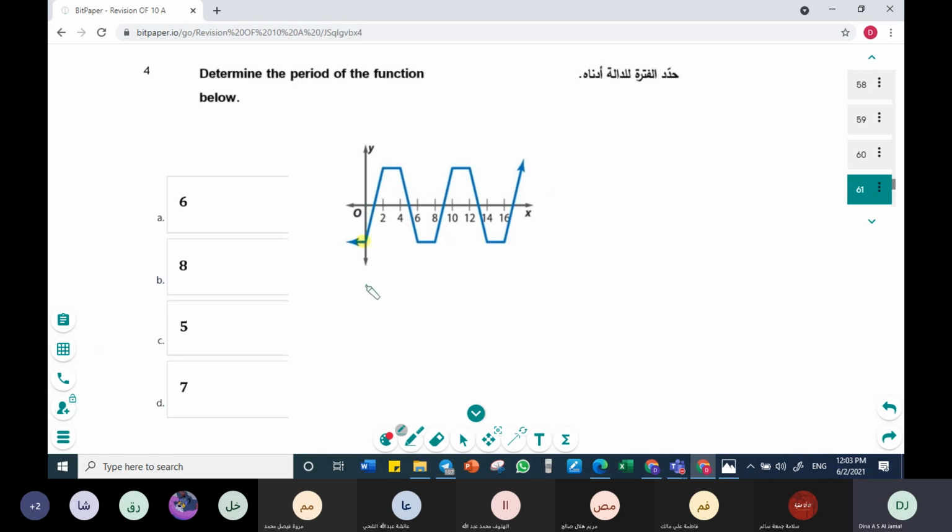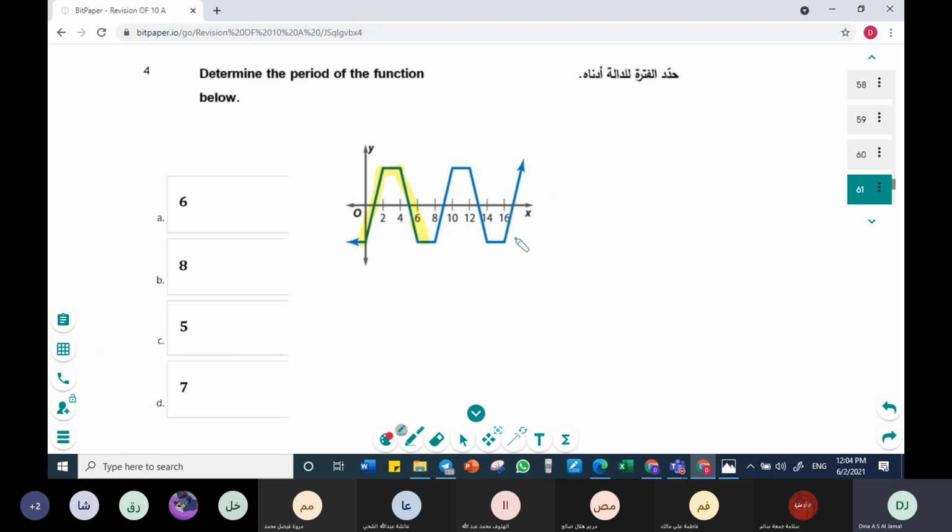So did you start from this point? Yes. Okay. Let's move with you. And always imagine how the shape was once you make this drawing. So let's draw it together. I will be moving, I will be moving. Still the shape is repeated.